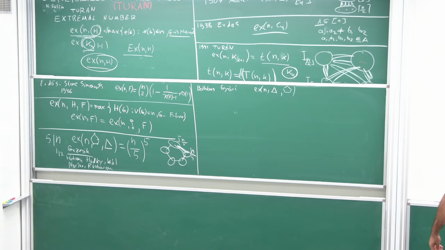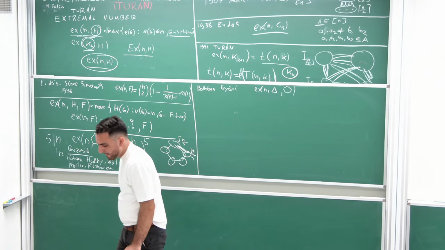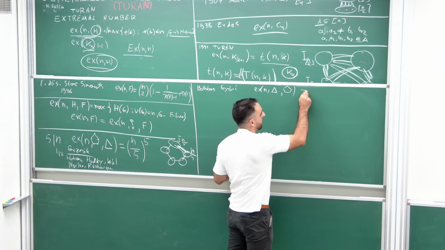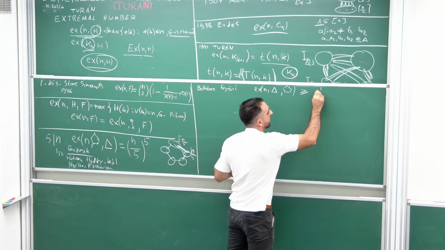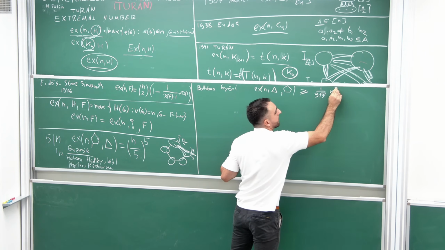And they came up with a very interesting construction. They proved first of all that this number is at least 1 over 3 root 3 n to the 3 half.